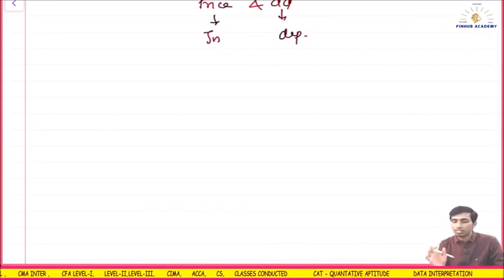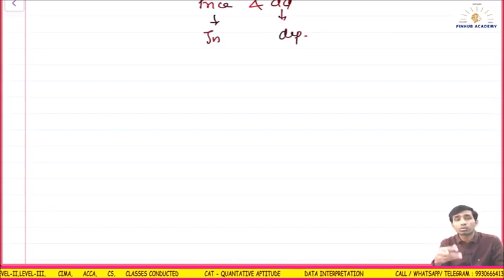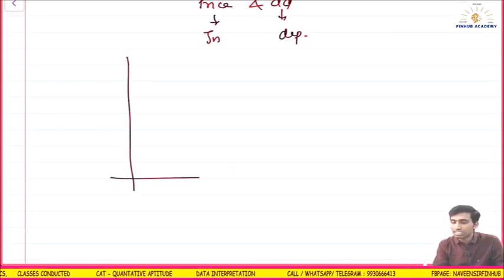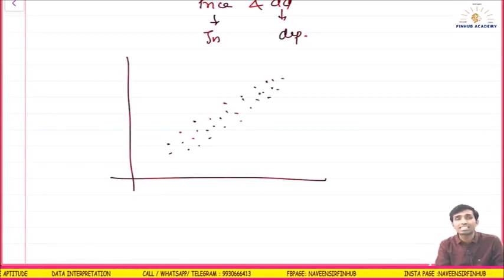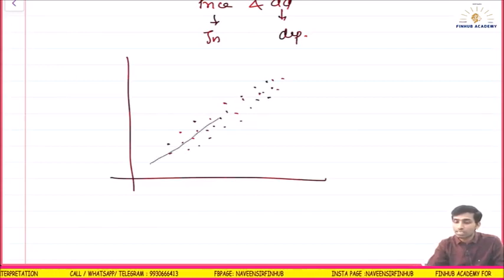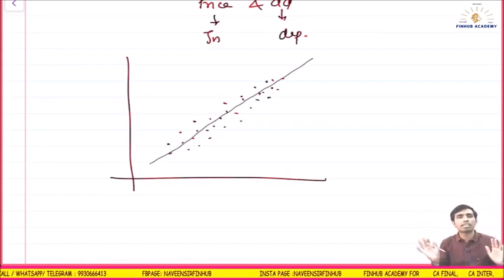Another name is the method of least squares, the process by which we estimate the values. That is known as the least square method. Why least square? I will give you the reason in the class. Let's say these are the points. We can easily see that there is a positive correlation, but I try to pass an average line which covers all the points as closely as possible.